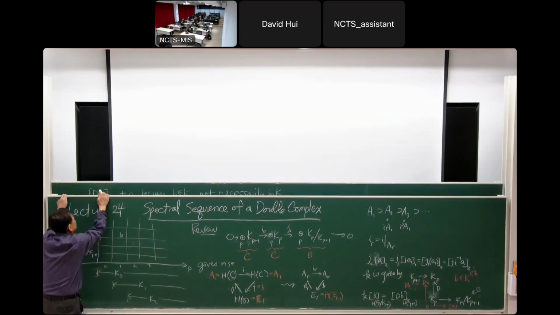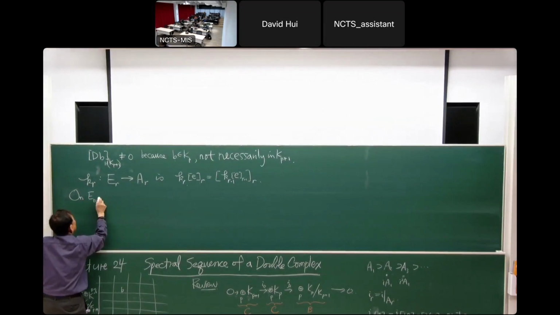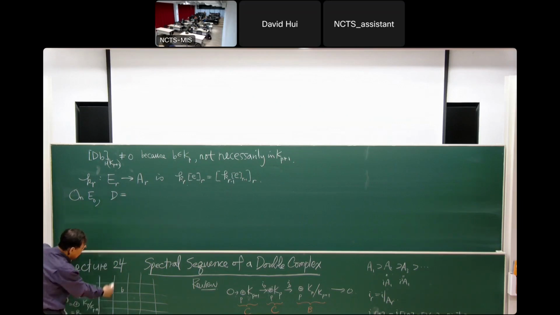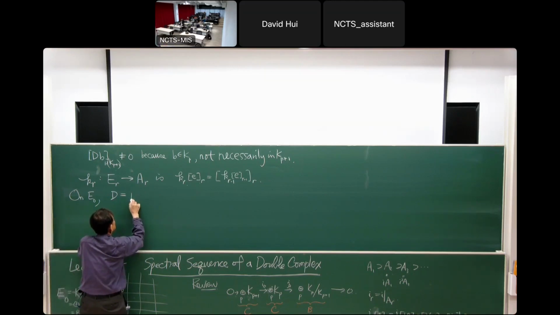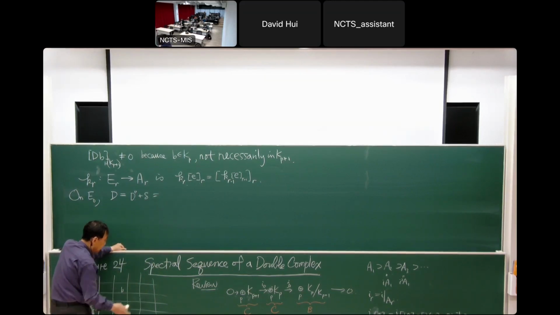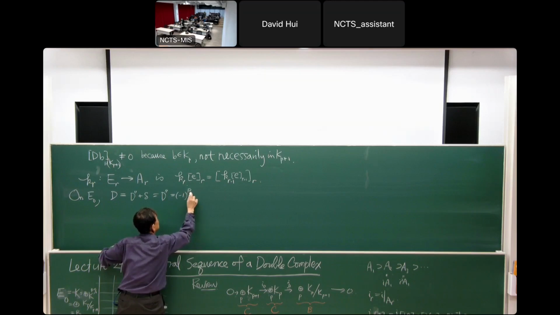But last time we showed that on E0, big D, because you mod out everything to the right, is the vertical one plus the horizontal one, but the horizontal one will become 0 because you mod out by K^{p+1}. So it's just the vertical one, minus 1 to the p d.